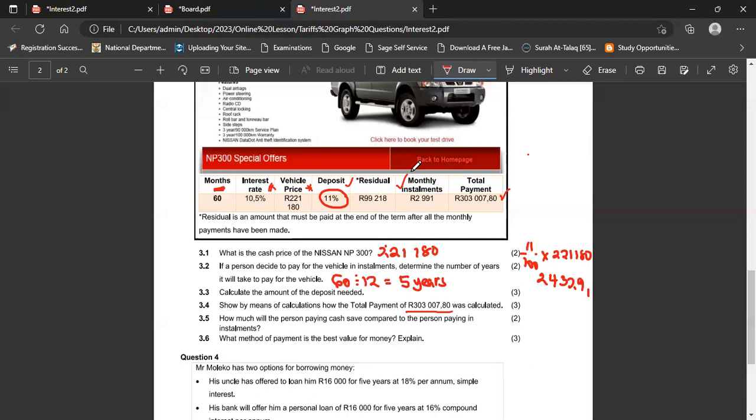The residue is that other amount of money that's remaining to be paid once off. So here we are adding the deposit, the residue, and the monthly installment. So this answer here comes from these three.